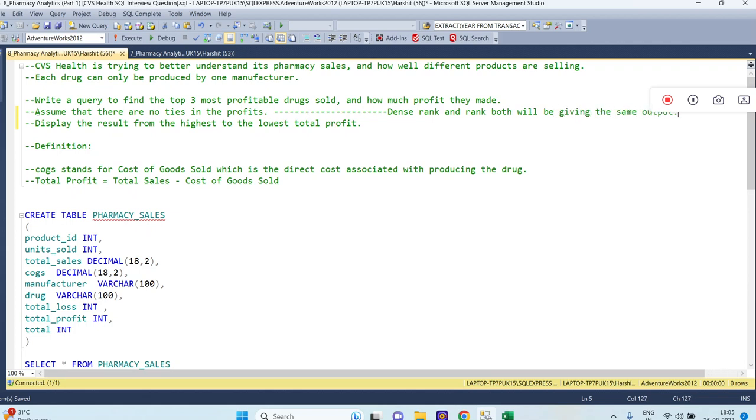Why? Because there are no ties in the profit. If there is a tie in the profit, then rank and dense rank will function differently. So now we can use either of these functions. Now display the result from the highest to the lowest total profit.